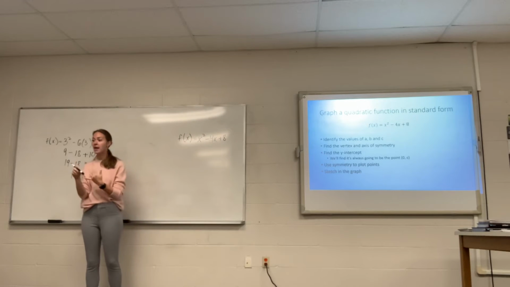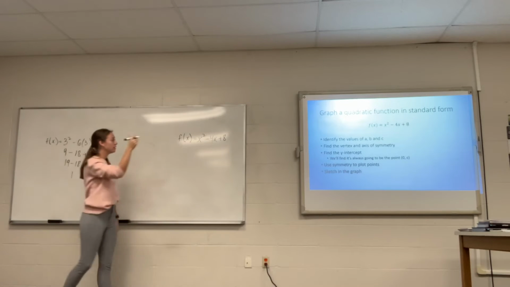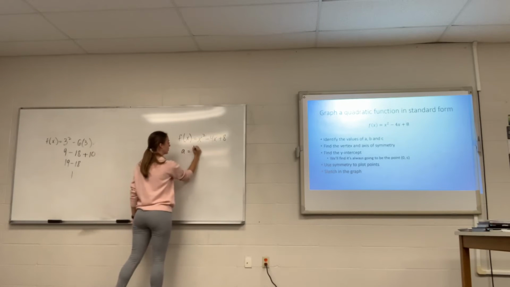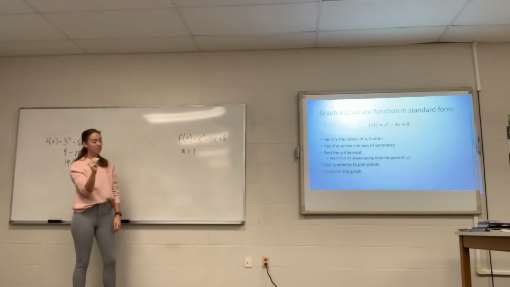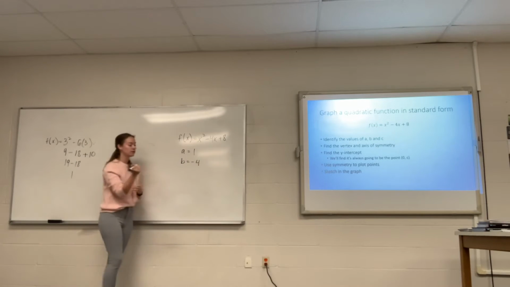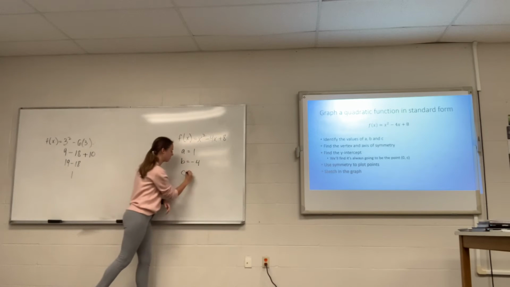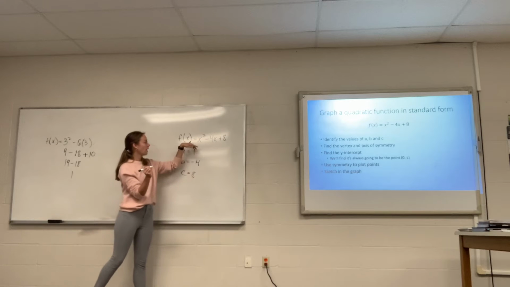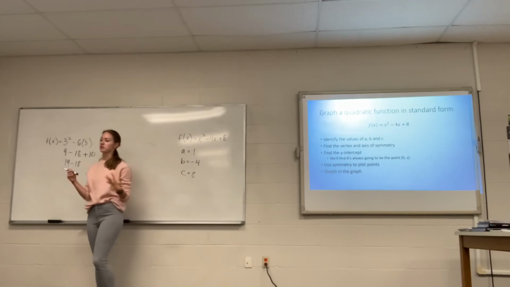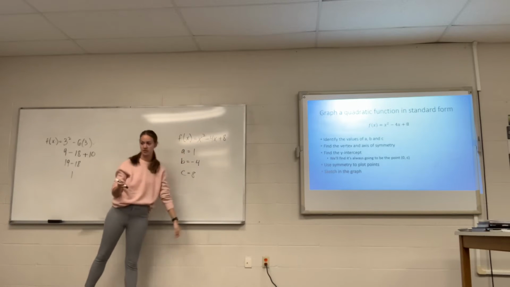My a is the number attached to my x squared, so my a is just going to be 1. My b is the number attached to my x, so I'd have negative 4. And then my c is just my constant, so that would be 8. So I just look at my equation and look at the numbers, not the x's. The first number is your a, the second number is your b, the last one is your c.